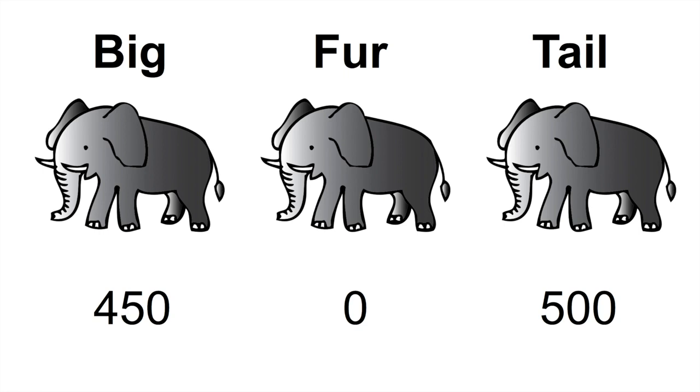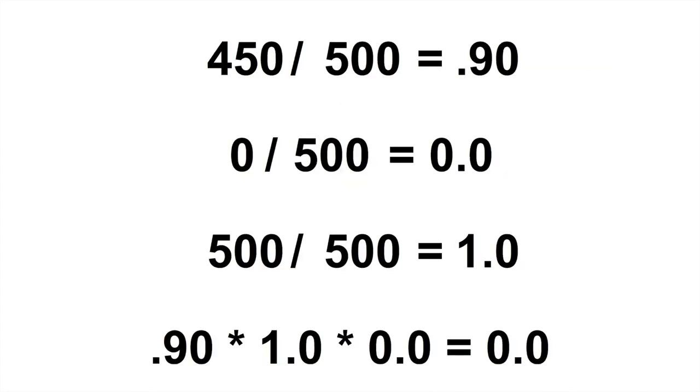For example, the data says that there are 450 big elephants. Therefore, P(big | elephant) will equal 0.9 because 450 divided by 500 is equal to 0.9. After finding the probability for each feature, the classifier will then find the product of all the probabilities. The algorithm will then continue this process until it has found the product of all of the probabilities for each one of the animal classes.